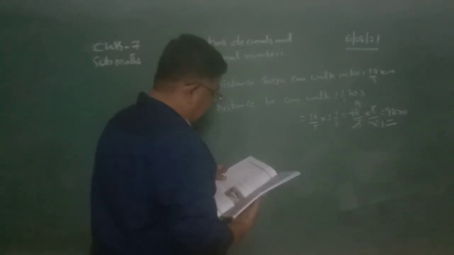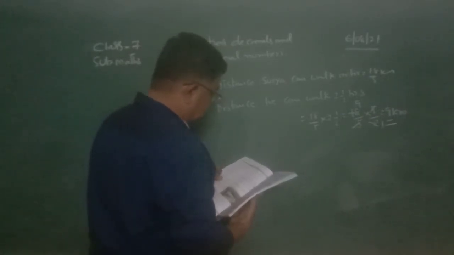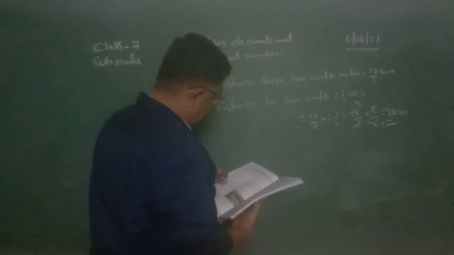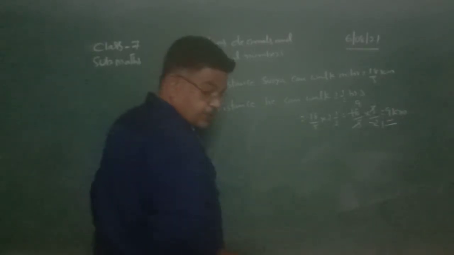If the length and breadth of a rectangular garden are 27 by 2 and 15 by 2 respectively, find the area of the garden. Next problem.